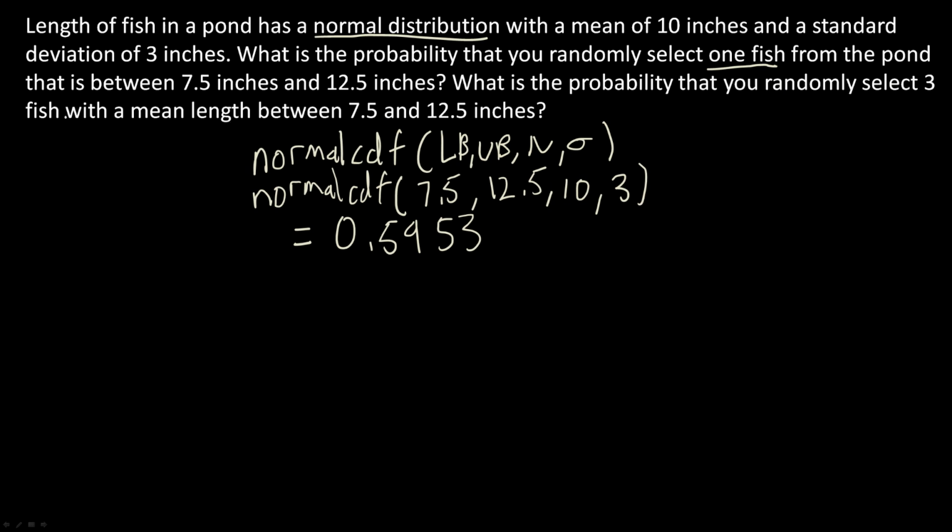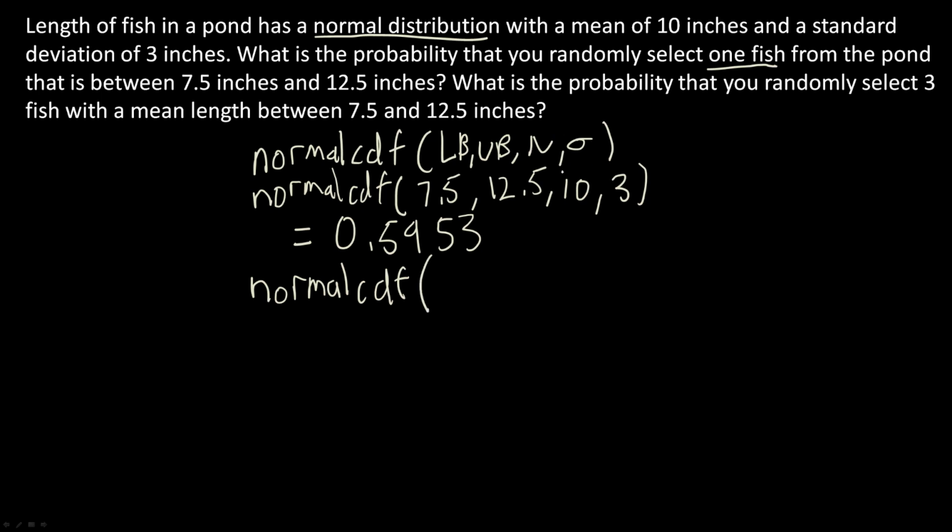Now for the second question, it's asking us if we randomly select a sample of 3 fish. So now we have to use the sampling distribution. Can we use normal CDF? Well, remember the third rule of sampling distributions says that if the population has a normal distribution, then your sampling distribution should also be normal. So yes, we can use normal CDF. For normal CDF, we have to implement the same parameters of lower bound, upper bound, mean, and standard deviation.